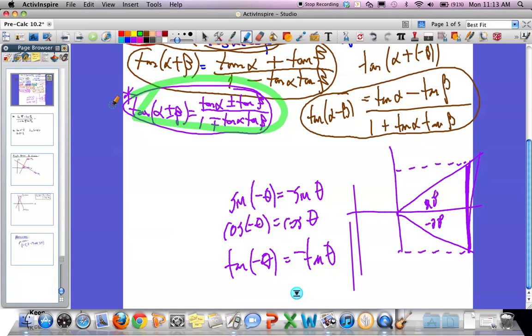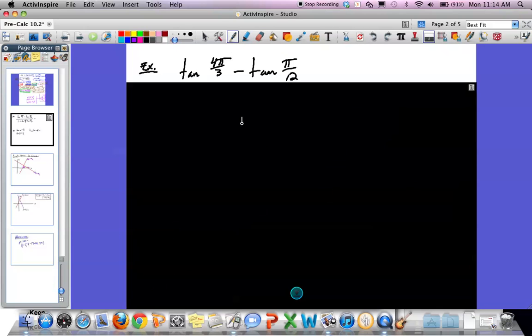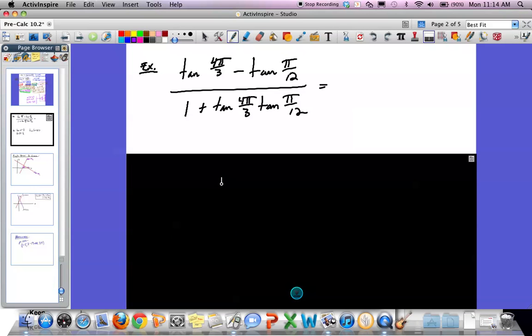Let's apply this right here to a problem like this. Let's do the first one, or the top one. Let's look at this. Just like what you did when you had the sine and cosine, I hope that you recognize this.